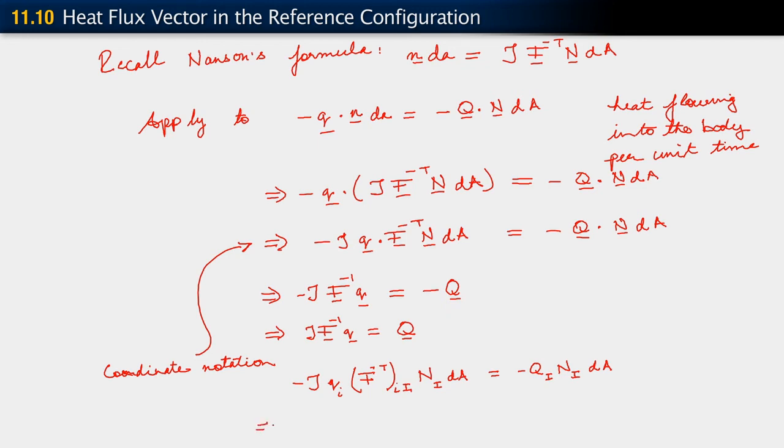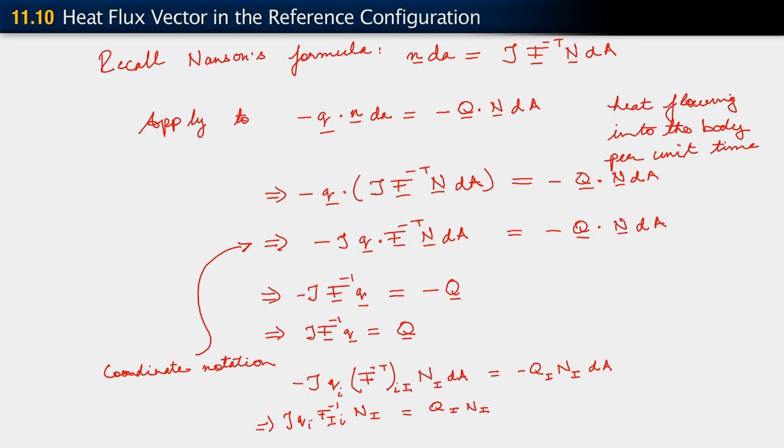So what this tells us is q_i F inverse_Ii N_I equals capital Q_I N_I. Okay, and I note now that I am missing a J on the left hand side here.